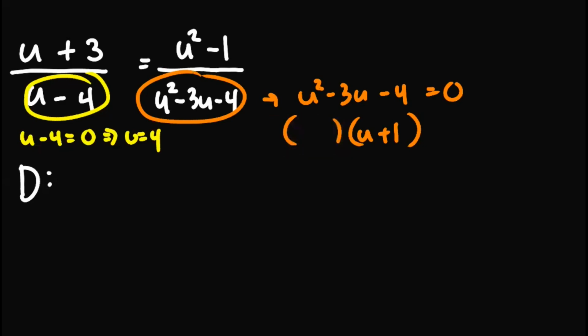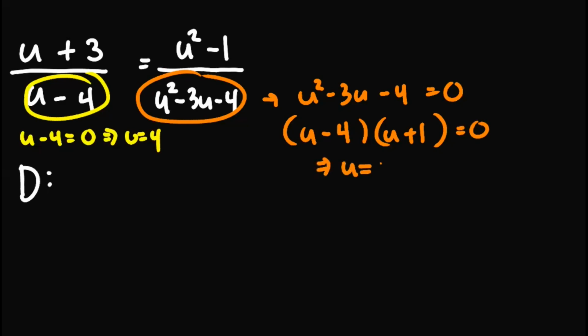Let's fix this one to avoid confusion. U minus 4. There. Now, from here, we know that this would give us u equals 4 and u equals -1. So I skipped a process out there. Take note of that one. And so, we can therefore conclude that the domain for this one is all real numbers except -1 and 4.